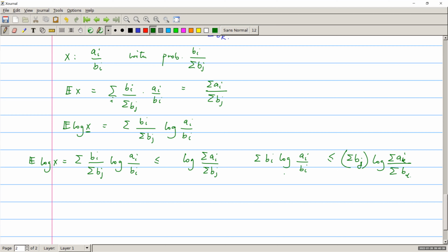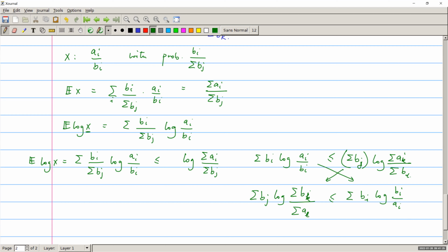We just notice that this is almost there, because this just tells us that summation b_j log of a over b is less than or equal to summation b_i log. So I multiply both sides by a negative sign, or I move this one to the left side and this one to the right side, but I have to do it with the negative sign.